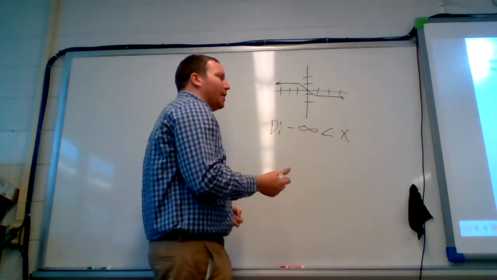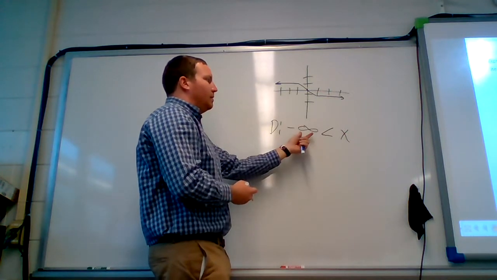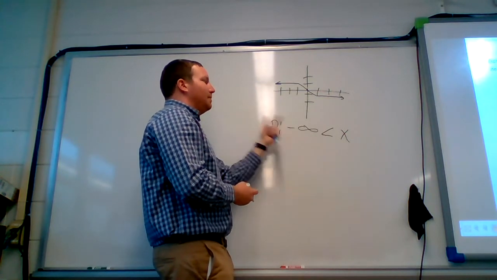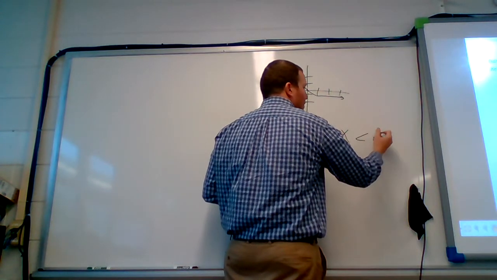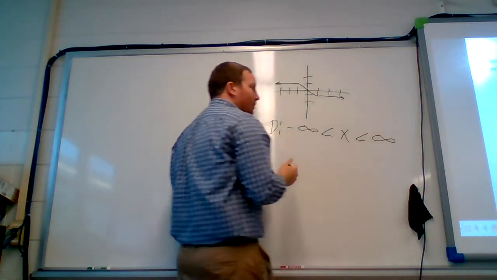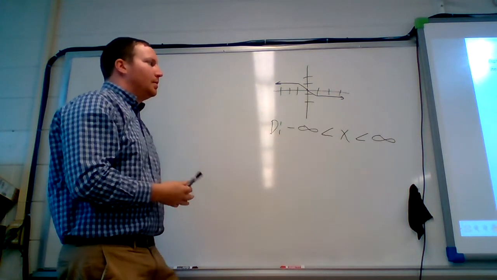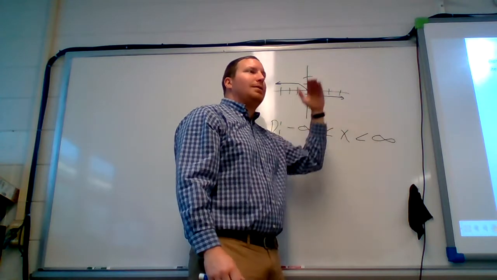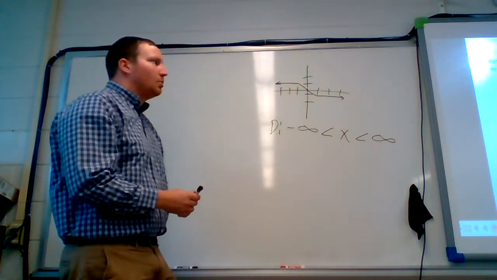How far to the right do we go? Infinity. If we're going to the left to -infinity, we're going to the right to +infinity. And again, we can't include infinity. We can't ever catch it. It's just going to keep going. So we're always going to use less than signs whenever we're dealing with infinity.